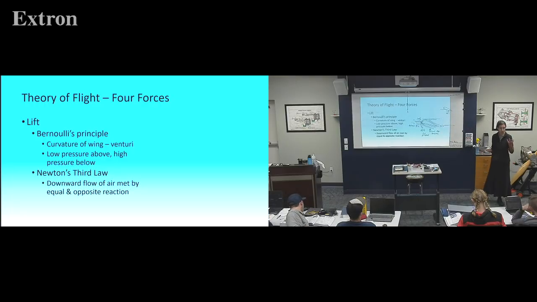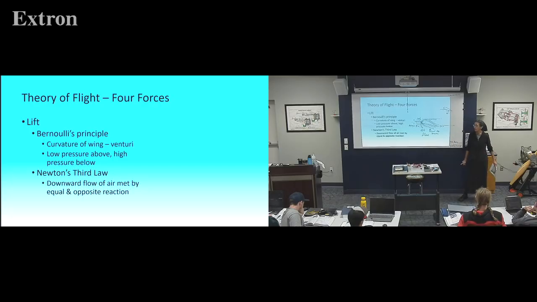That's the basic premise of Bernoulli's principle. And you could say that the air does speed up, velocity increases, pressure decreases, and pressure is greater below the wing. What is a simple way you could describe lift according to Newton's third law?